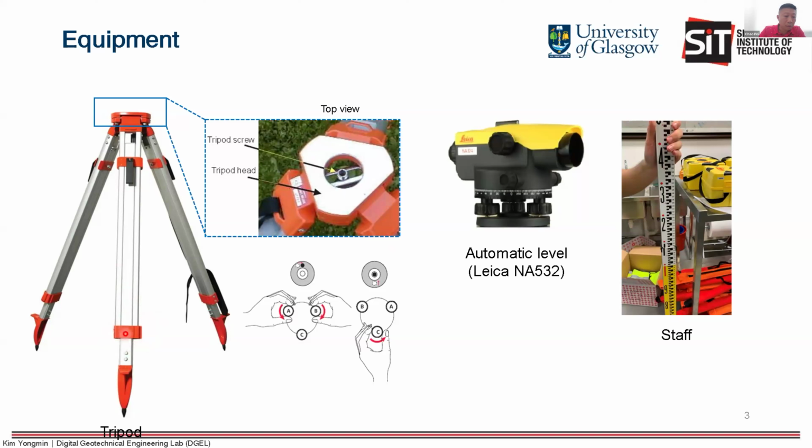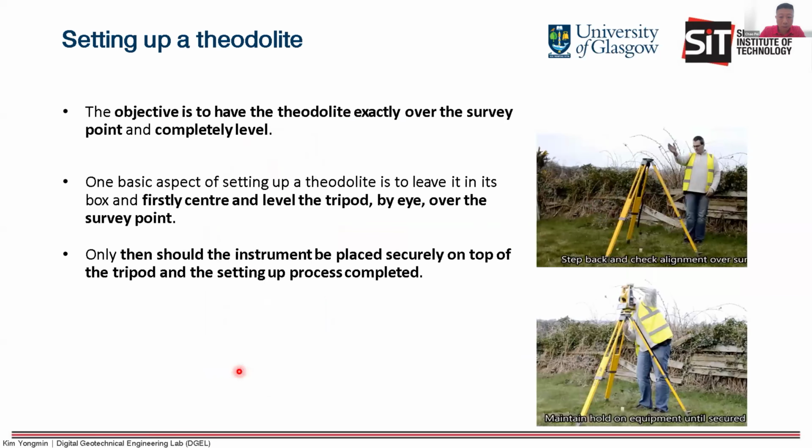If you overturn, it will damage the screw, and the leg will be damaged later on. Either it cannot secure, or the tripod will be deflected. It will be further damaged. So try to tighten it, but don't overturn.